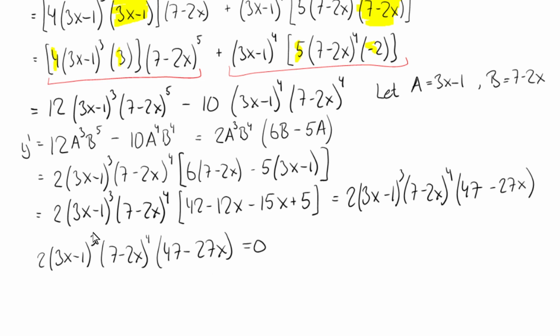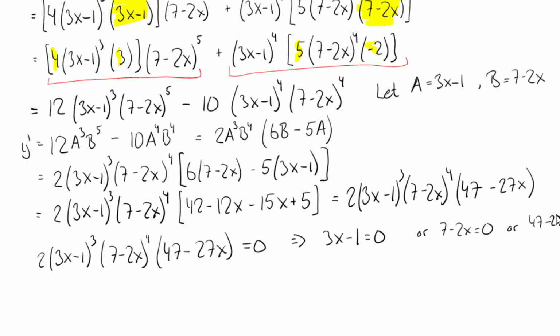So this product here will be 0 either when 3x minus 1 equals 0, or when 7 minus 2x equals 0, or when 47 minus 27x equals 0.